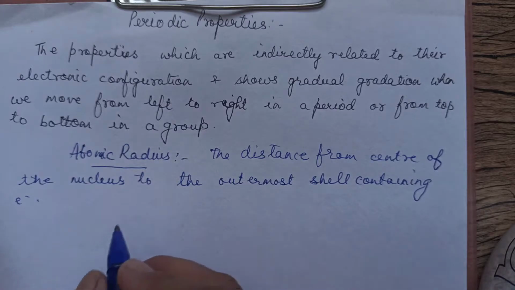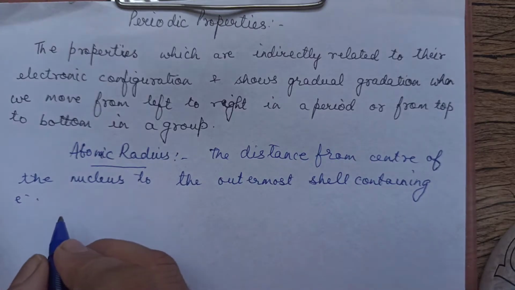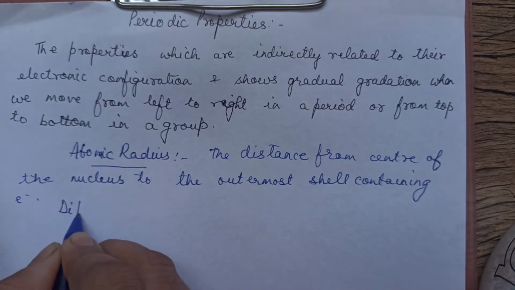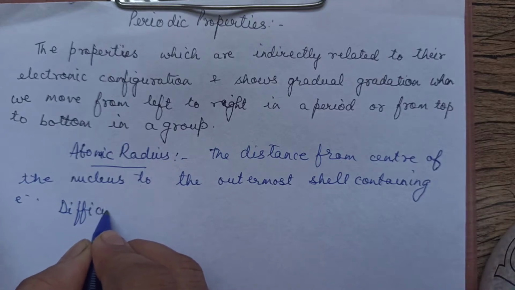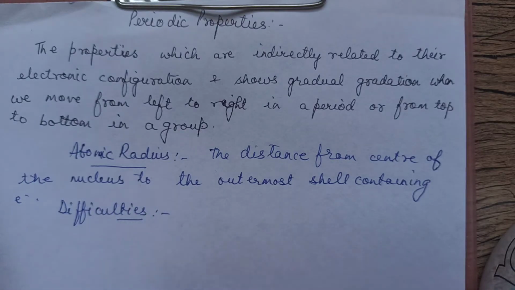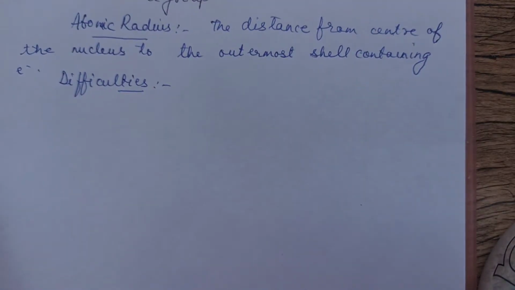The electron is always moving around the nucleus in the form of a wave, and if we try to locate the exact position, we will not be able to find the velocity and the position accurately and simultaneously. So what difficulties may we come across while measuring the atomic radius? We will talk about that first.